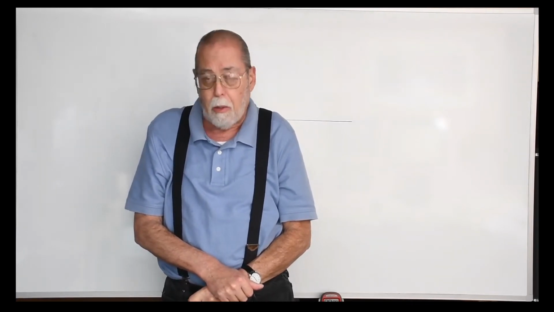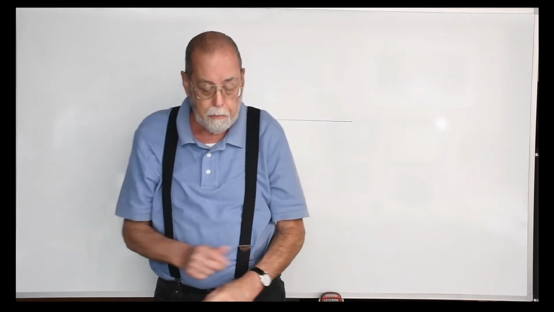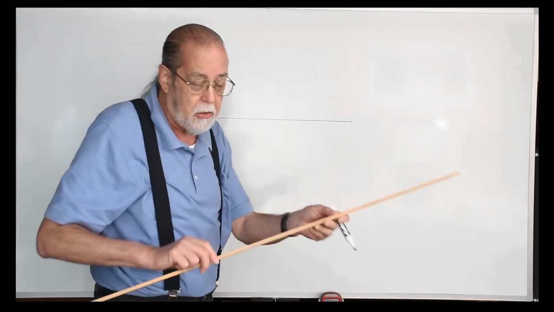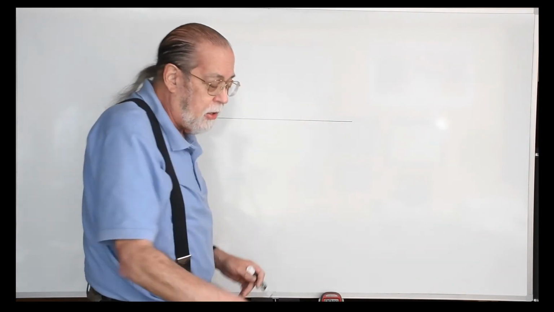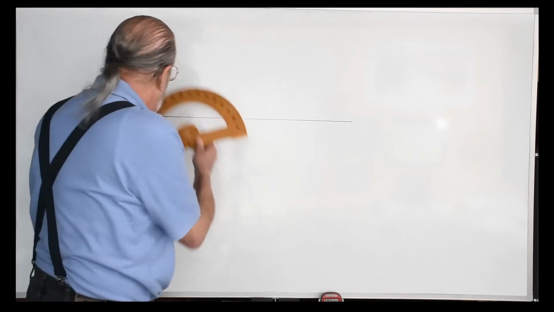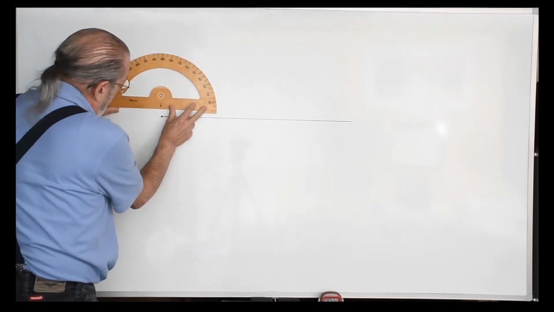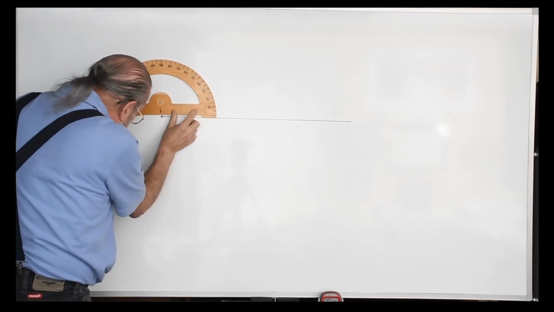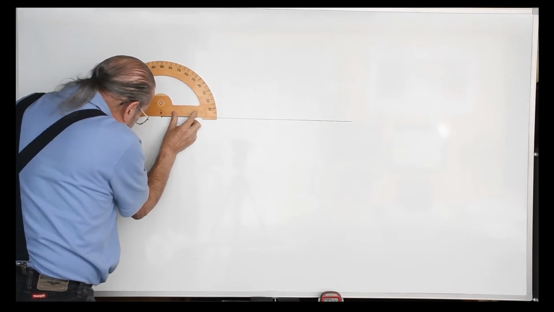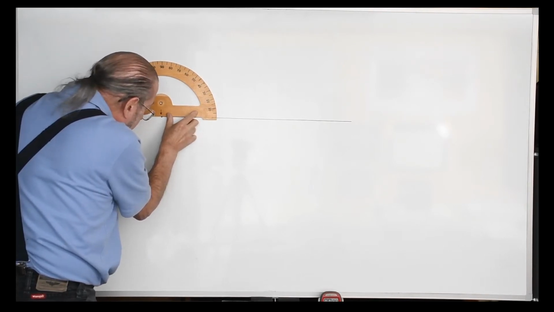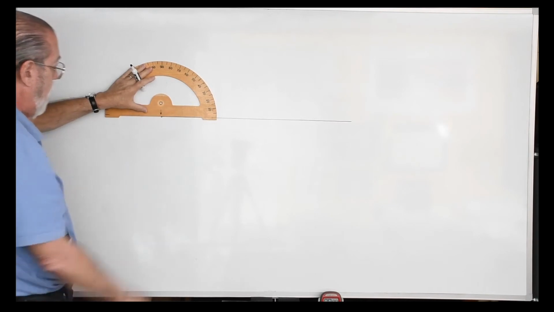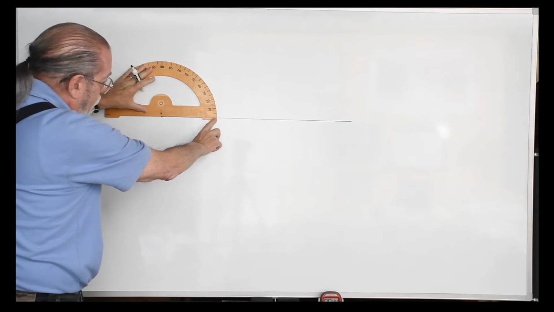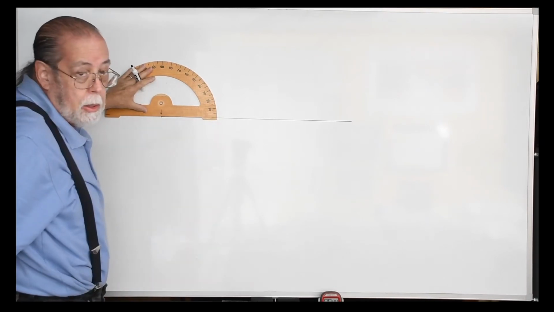But to use a protractor to draw a 30-degree angle, once we've drawn the vertex and we've drawn the baseline, in this case that will be the plus x-axis, we put the protractor so that the base of the protractor is exactly lined up with the baseline and the vertex matches up perfectly. You can tell that this is the case when the two vertices match up and the baseline goes through the 0 mark on the protractor.